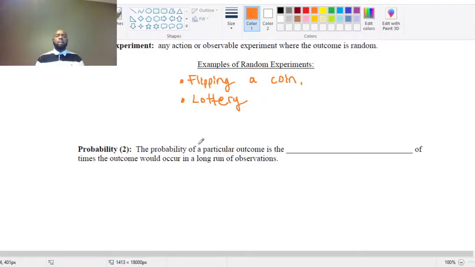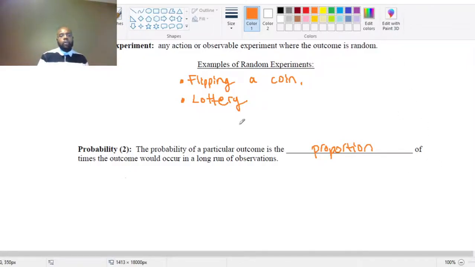Another definition of probability: the probability of a particular outcome in that experiment, like landing on heads or the numbers 535 being your lottery numbers, is basically the proportion of times the outcome would occur in a long run of observations.